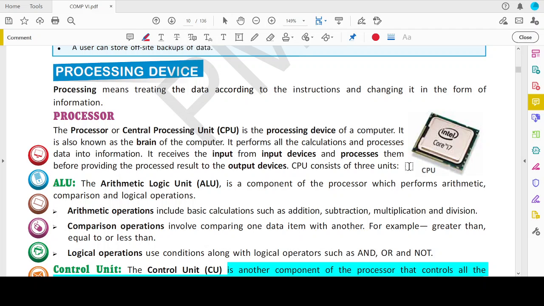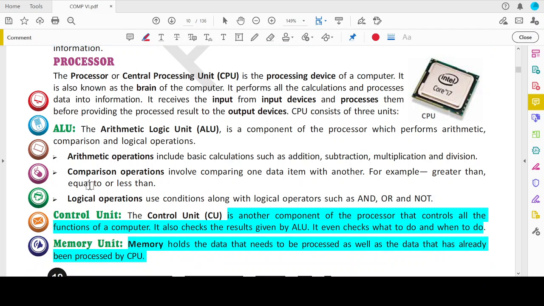The CPU consists of three units, that is, the arithmetic logic unit, control unit and memory unit. So there are three units of the CPU. The arithmetic logic unit is the component of the processor that performs arithmetic, comparison and logical operations. What are arithmetic operations? You are doing some addition, subtraction, division. These are all arithmetic operations.